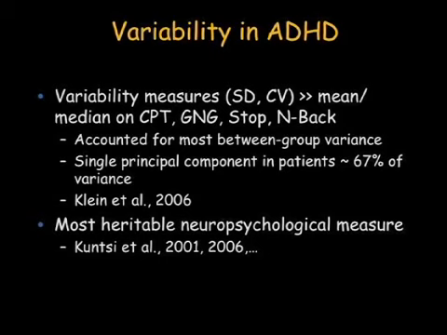And around that same time, there was a group in Germany, Christoph Klein and colleagues, who published several measures: go, no go, stop task, continuous performance task, and N-back. And regardless of the task, the variability of the children's response times, measured in a couple of different ways, was always the best way of discriminating the children with ADHD from the controls.